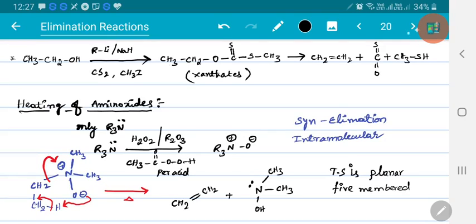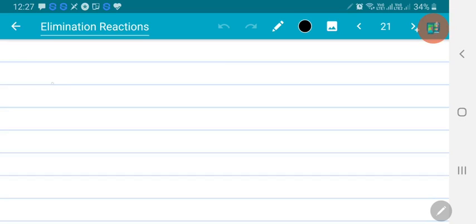Right. So let me take another example. This is the ammonium salt, an ethyl group having beta hydrogens, oxide, right? So here the hydrogen is in the same direction, so syn elimination; hydrogen must be on the same side.